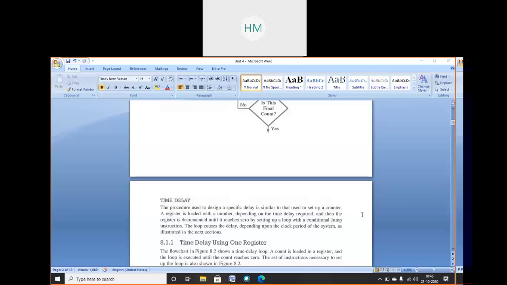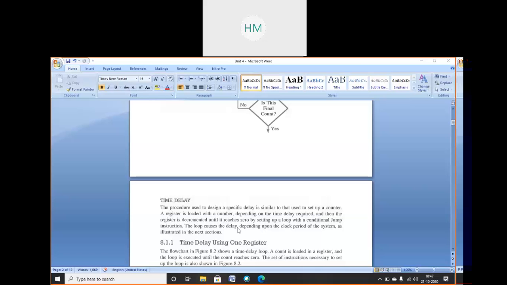It is generally used in real time applications such as traffic light control, digital clock, process control, serial communication, or anywhere we need to keep track of time. We can use time delays. Here, these time delays are of a few seconds and can be generated with the help of executing a group of instructions. We can use any of the instructions which we have studied. From those instructions, we can design our time delay group.